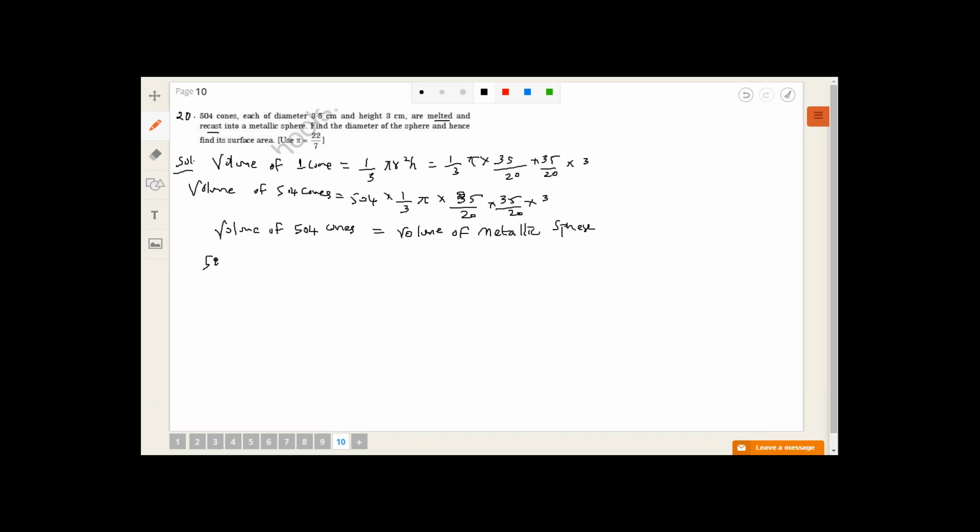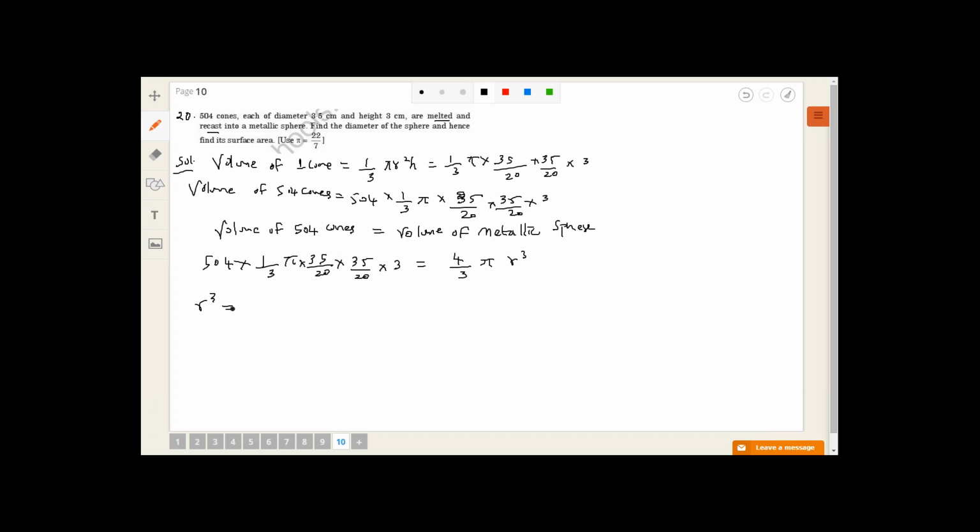So this 504 into 1 by 3 pi into 35 by 20 into 35 by 20 into 3 is equal to 4 by 3 pi r cube, which is nothing but the volume of the metallic sphere that is being formed after it is melted and recasted.